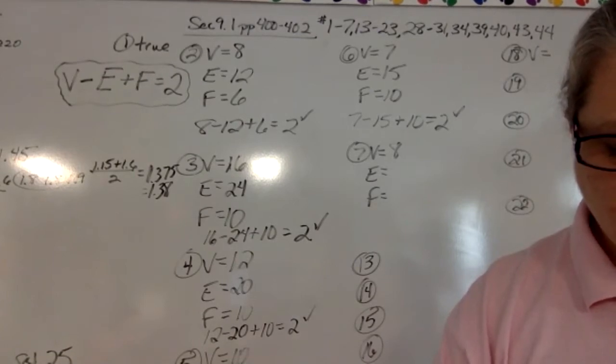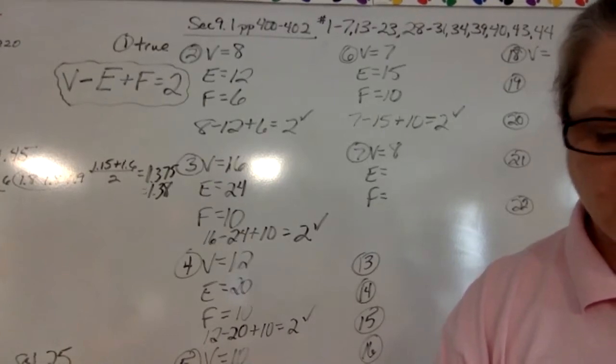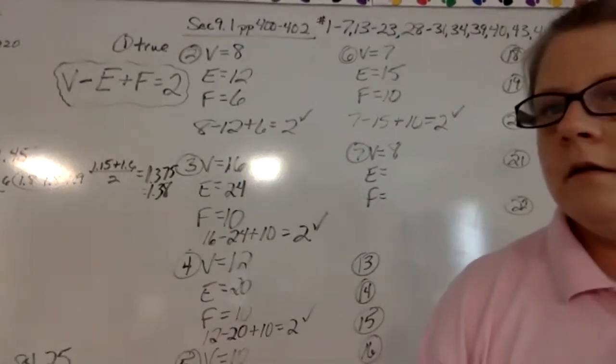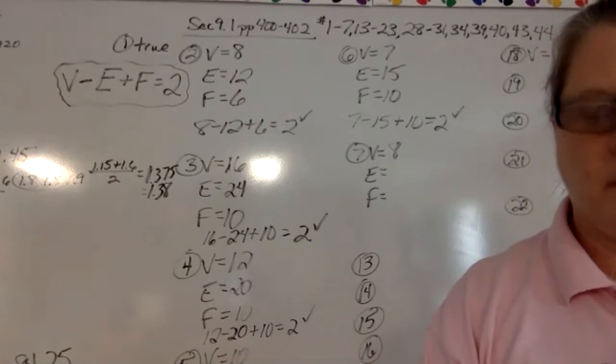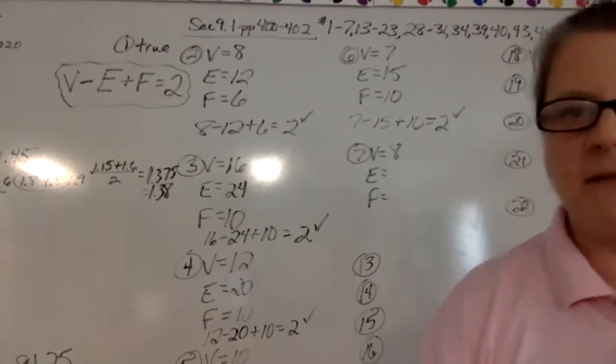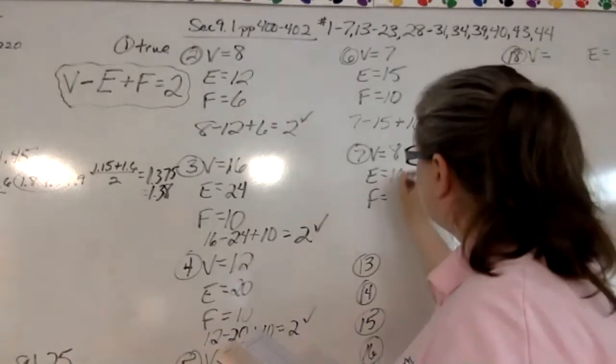How many edges are y'all getting? That's all the lines, both the solid ones and the dashed ones. I don't know. That's a lot of lines. Maybe 14. That's close. 16. 16. Okay.